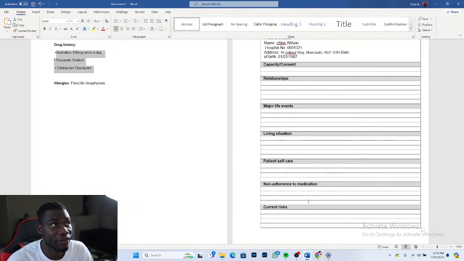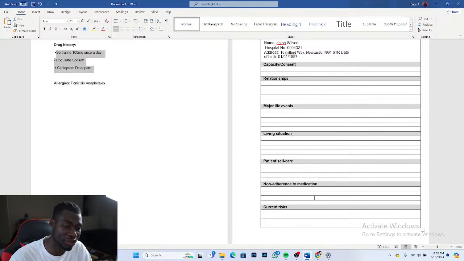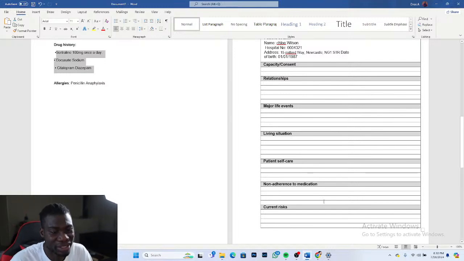And then you can even go a long way to ask whether they have a plan. But mostly in manic state, patients don't even have time to think about suicidal thought, unless probably they fall back into the depressive phase. But on some rare occasions, you might have some patients who have thought of self-harm.